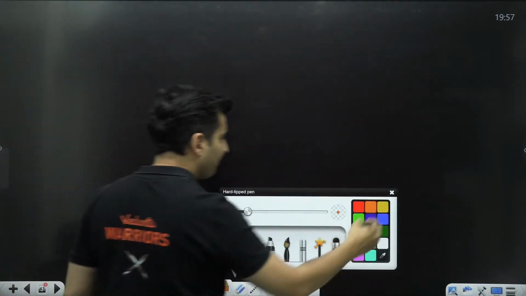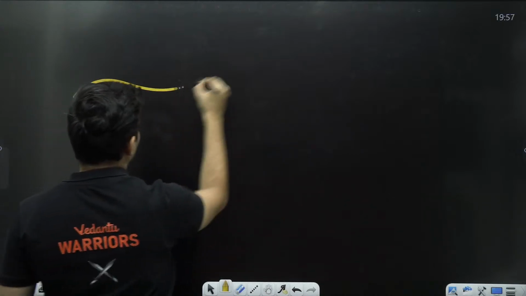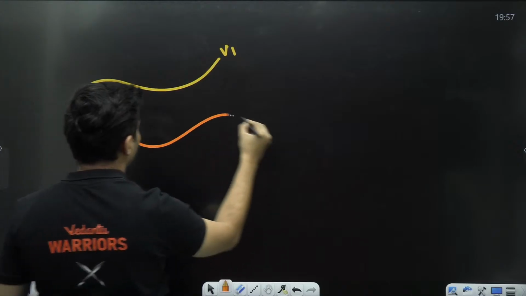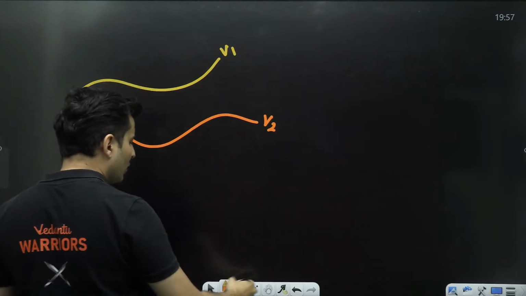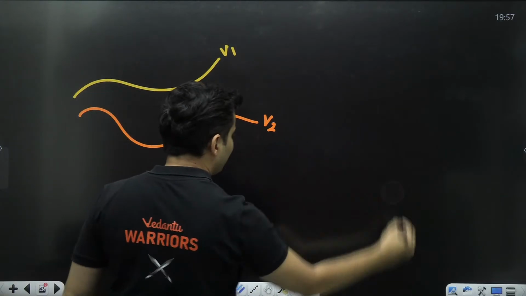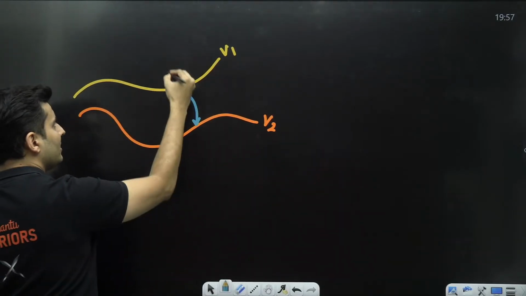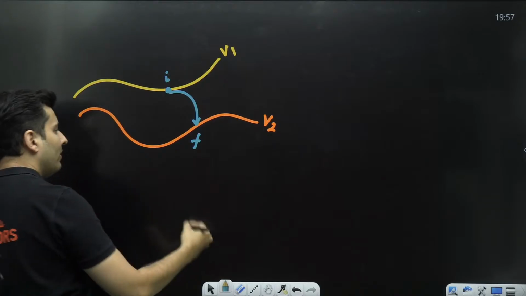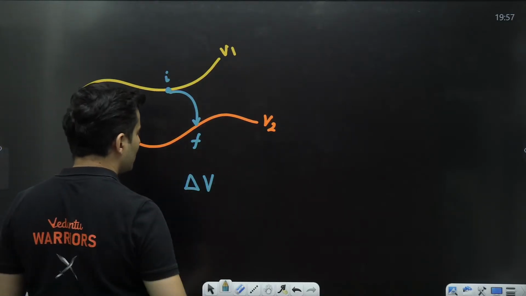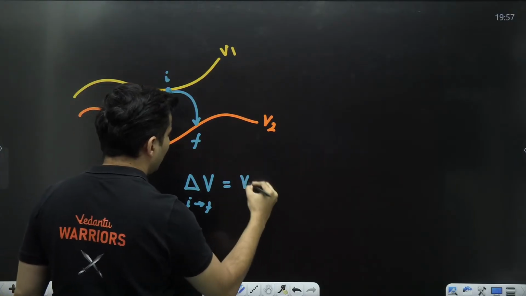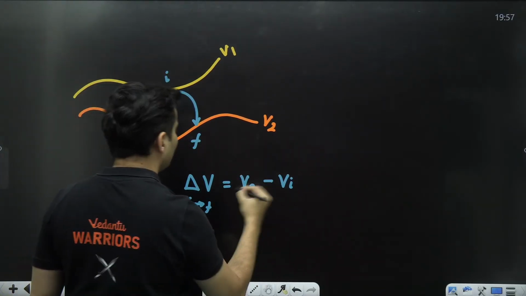So imagine if you have one equipotential line given like this, and another equipotential line given like this. These are two different equipotential lines, and if somebody makes a jump from here to here, this is initial, this is final, obviously there will be a potential difference because you are going from one point to another, and that will be final minus initial potential.